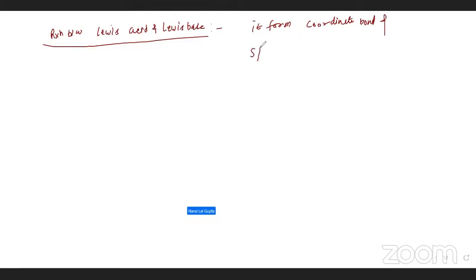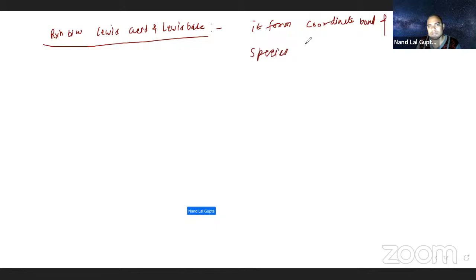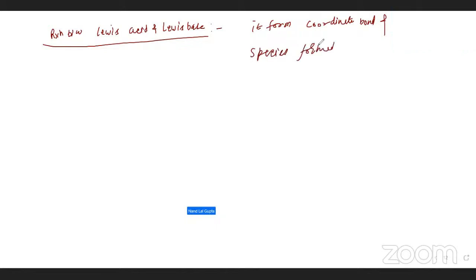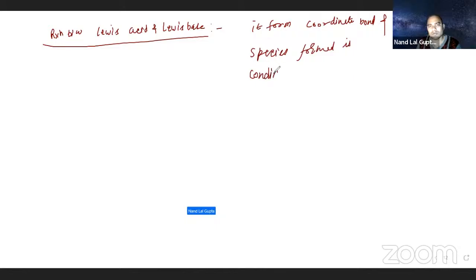And the species formed is a coordination compound, or you can say coordinate compound. Next year you have to study one chapter, coordination compounds.